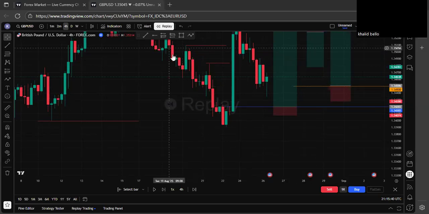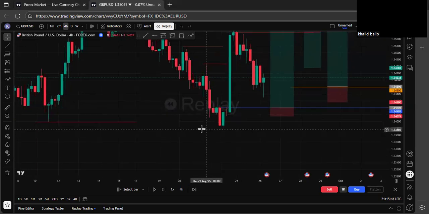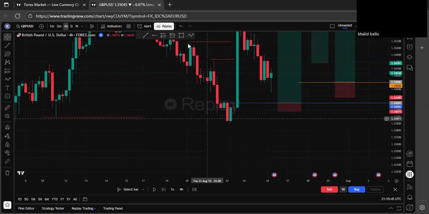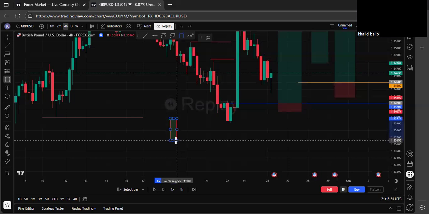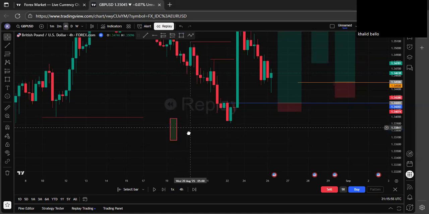Okay, no problem. Now, key level. When we say key level, it's any place where candle open and close. It's called a key level. We have different types of key level, but the one we mostly pay attention to is the one that has an engulfing around it.